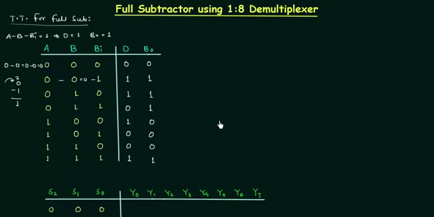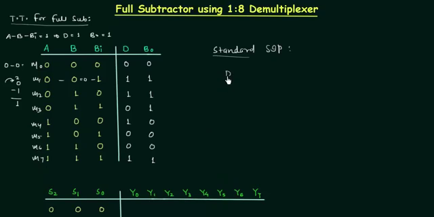Now we can easily find out the standard SOP form. The SOP form is standard because we are writing it directly from truth table, and if I write down the min terms, this is M0, M1, M2, M3, M4, M5, M6 and M7.